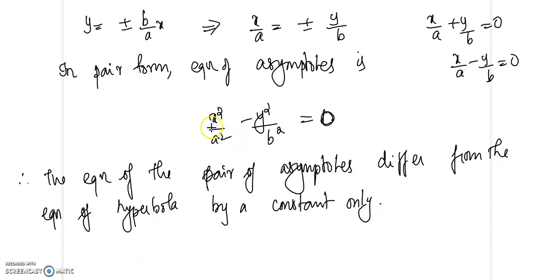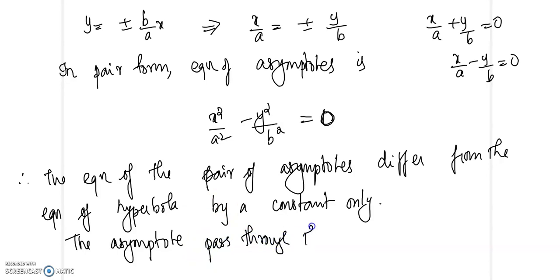And again you can see that when you take y equal to plus or minus bx by a, those are the two lines passing through the origin. So the asymptotes will pass through the origin, that is, they pass through the center of the hyperbola.